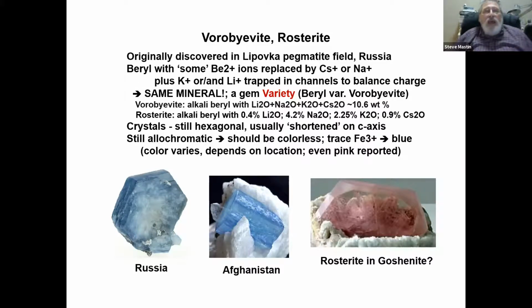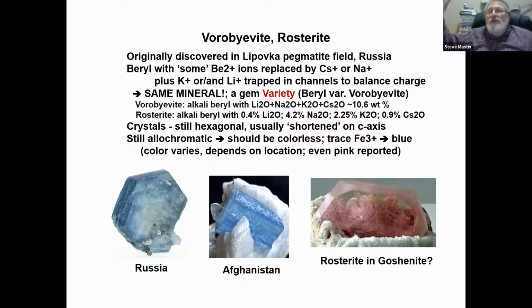All right, and they realized that it was beryl with some of the beryllium ions replaced by cesium or sodium ions. But they don't have the same charge. And so in order for the gem to be neutral, it traps potassium and lithium in those channels to balance the charge of the stone. Now, it turns out that that's the same mineral still.